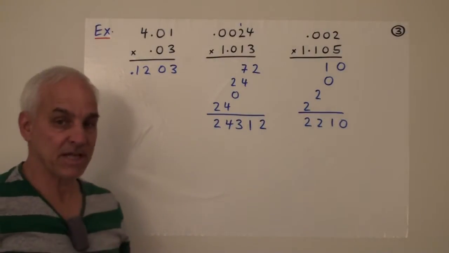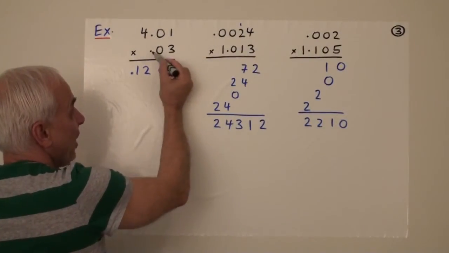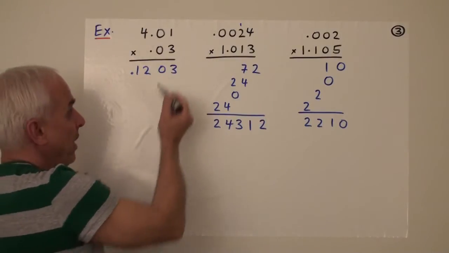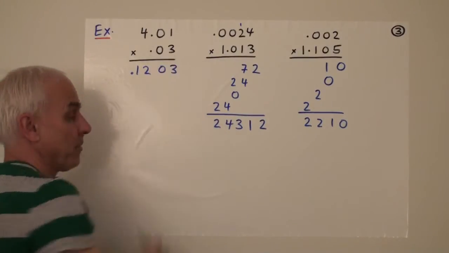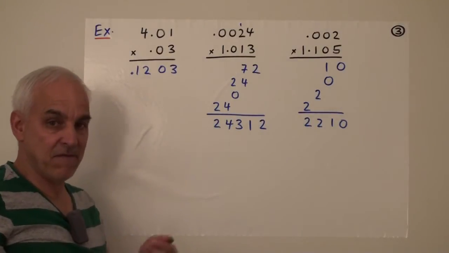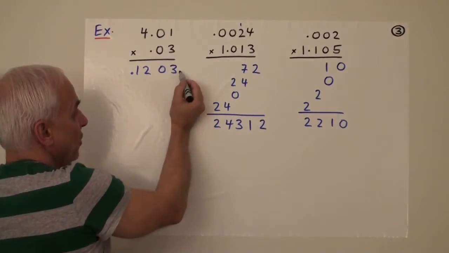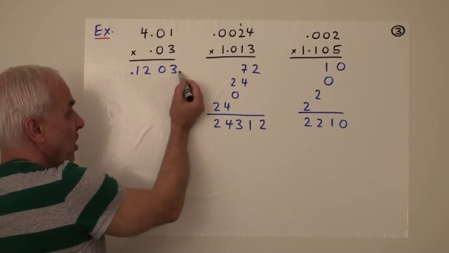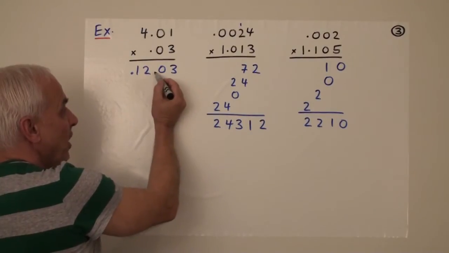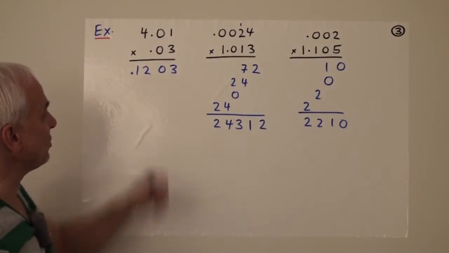Well, we have to compensate for the fact that the original two numbers had a decimal place here and here. This decimal place was over 2. This decimal place was over 2. In total, we have to divide by 10 four times, one for each one of these positions. So the decimal, which starts over here, has to move to the left once, twice, 3 times, 4 times to get 0.1203.